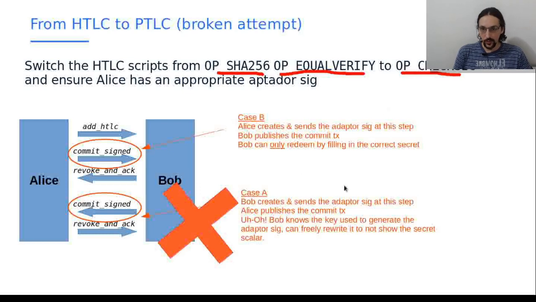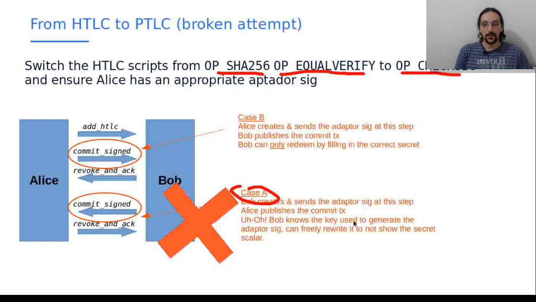However, that doesn't work, because when Bob is signing Alice's commitment signature, which is case A in the channel state diagram, Bob is the one creating the adapter signature.